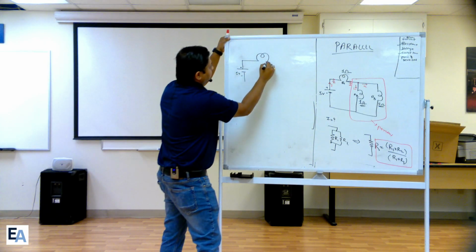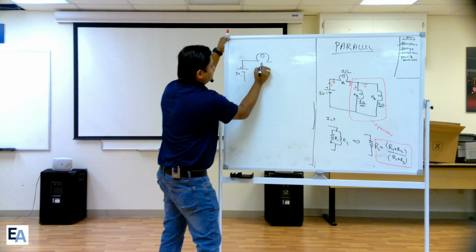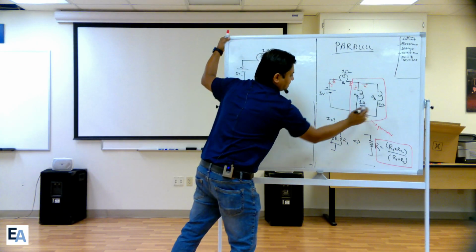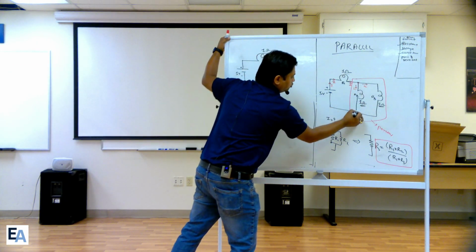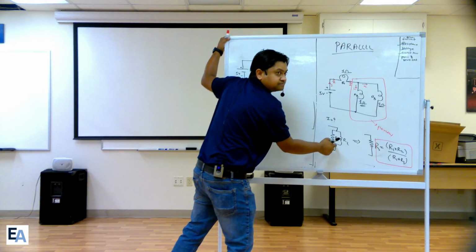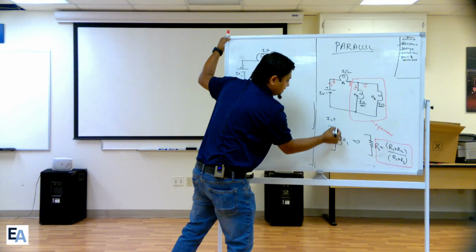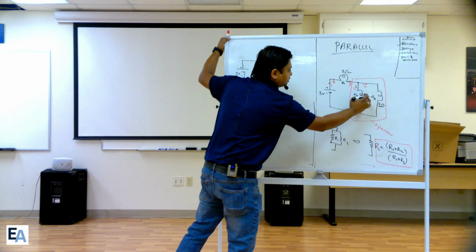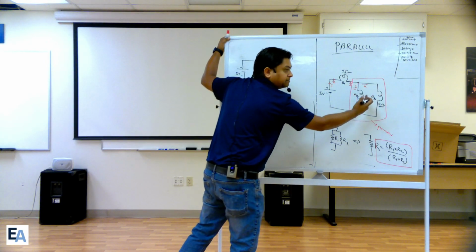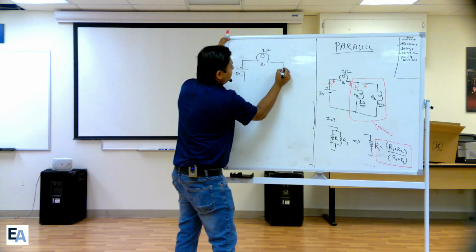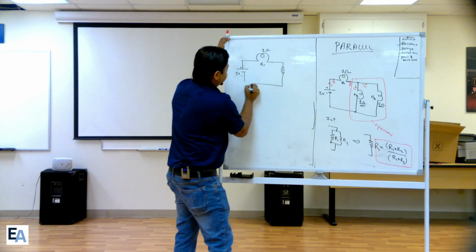I will have a bulb here which is B1, 1 ohm. Now instead of two branches, see the nodes, these two are common, correct? So instead of these in parallel, I can actually show it like this.